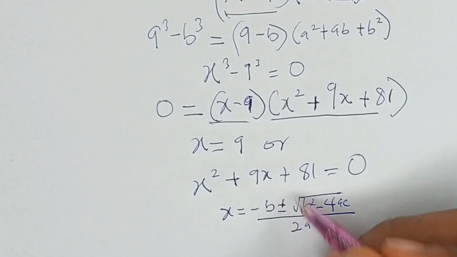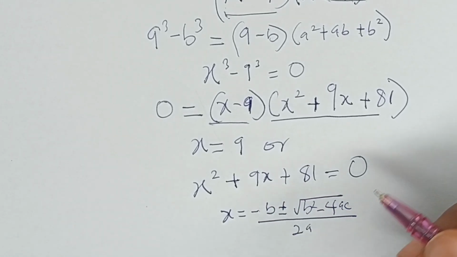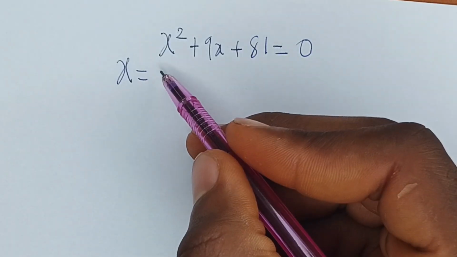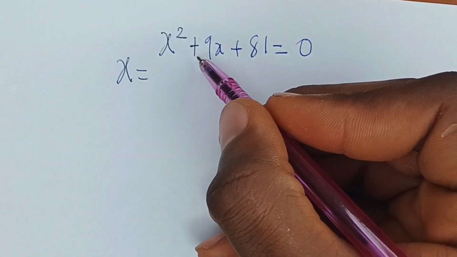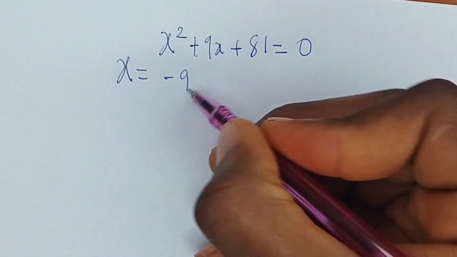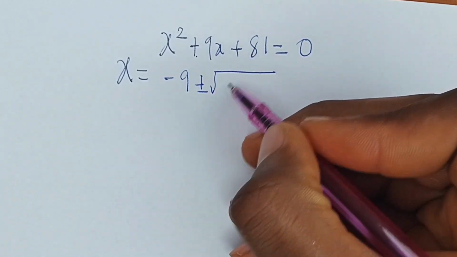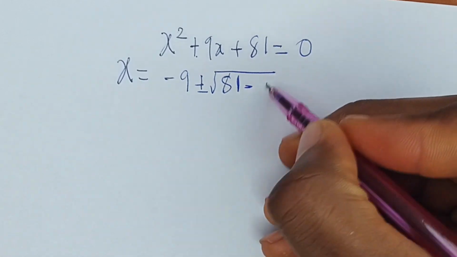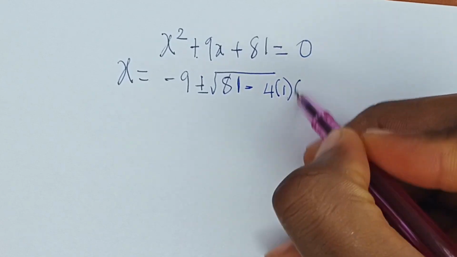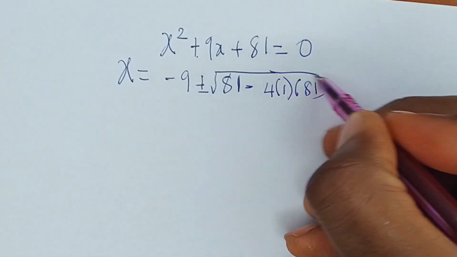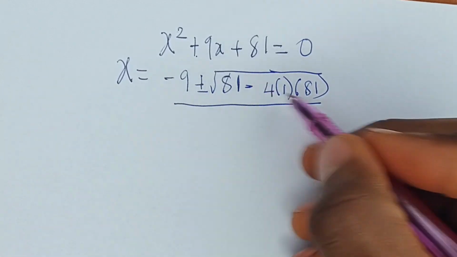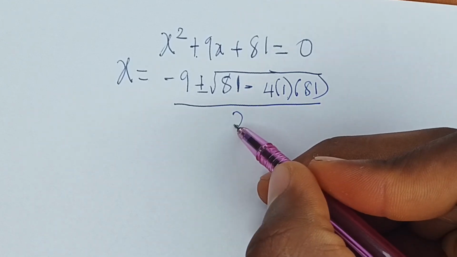Continuing from here, x will be equal to minus b, which is minus 9, plus or minus the square root of b squared, which is 9 squared, which is 81, minus 4 times 1 times 81, all over 2a, which is 2 times 1, which is 2.